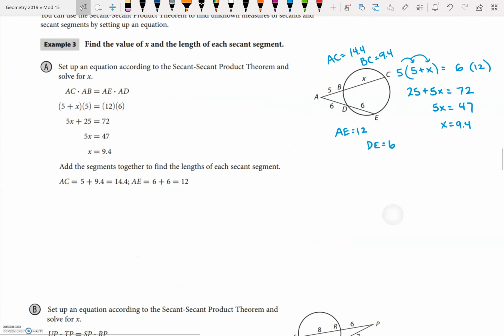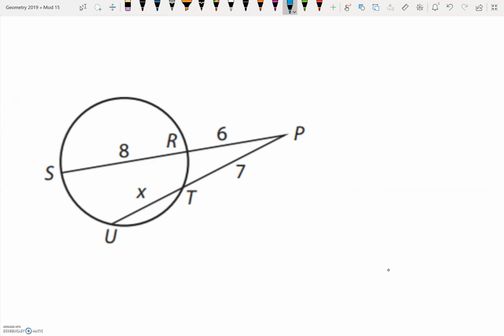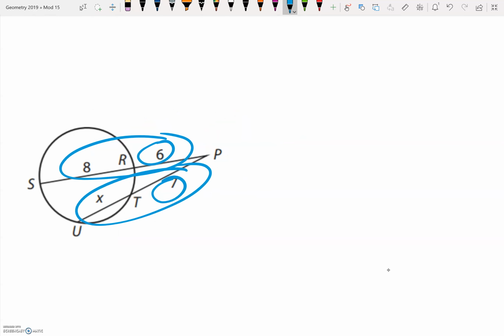Let's go ahead and do it again. We've got the entire thing times the outside, equals the entire thing times the outside. So the entire thing for the first one is 14, the outside is 6, and our outside for this one is 7, and then our entire thing is 7 plus x. We'll multiply 6 times 14, which gives us 84.